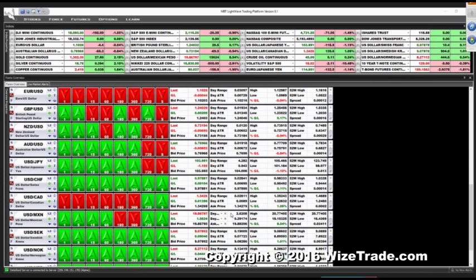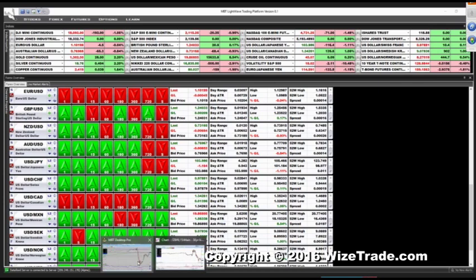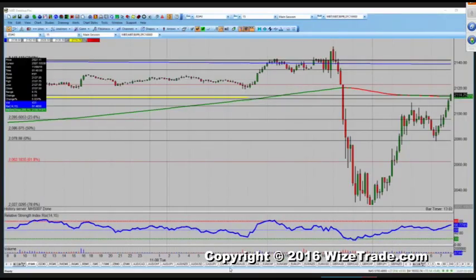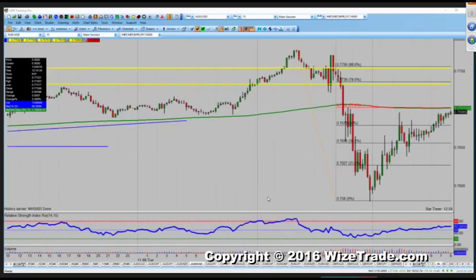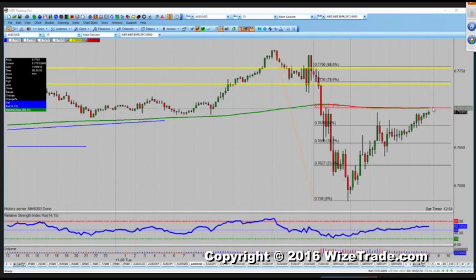Let's go ahead, we were looking at the commodity currencies. So that was the E-mini futures. Let's go over to the Aussie. Now here's the Aussie dollar. We're almost at a 61.8 retracement, which I'm assuming is going to be some resistance here, because you can see this is all previous support, current resistance. But we have to make the assumption that we go further and higher.